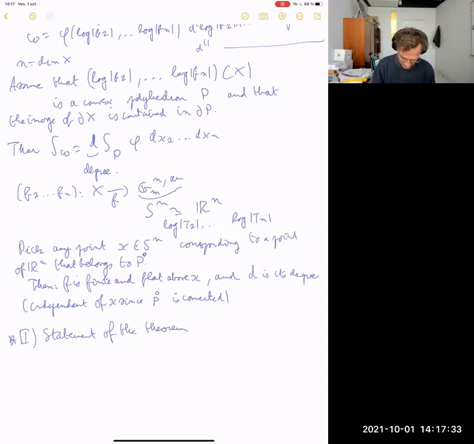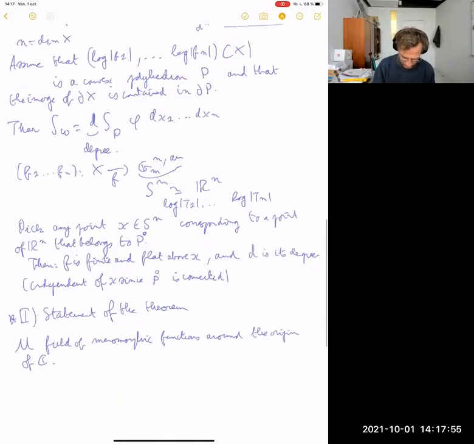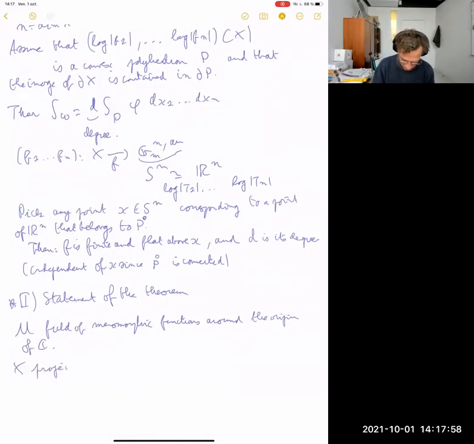So let M be the field of meromorphic functions around the origin of C, the germs of meromorphic functions around the origin of C. Let X be, say, a projective, smooth, irreducible variety over M of dimension n.